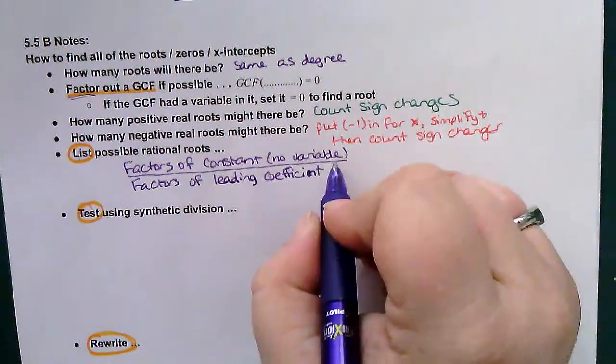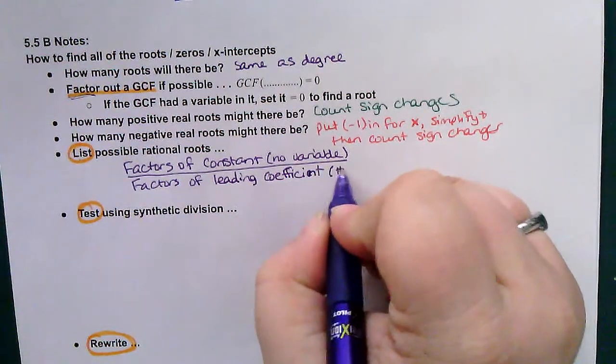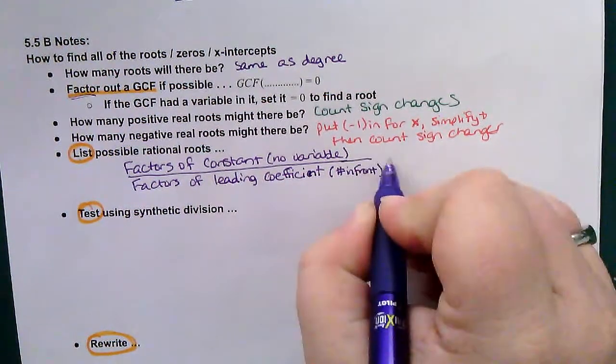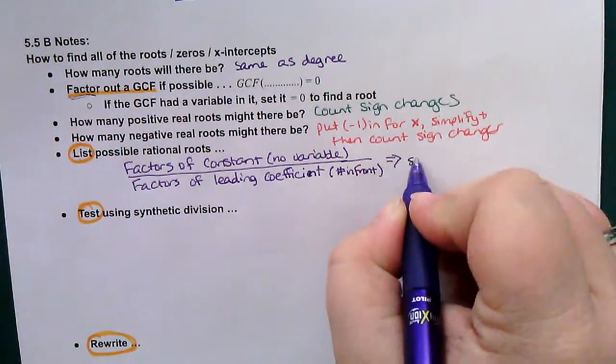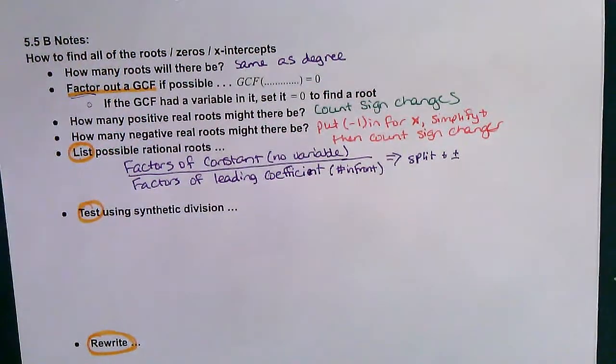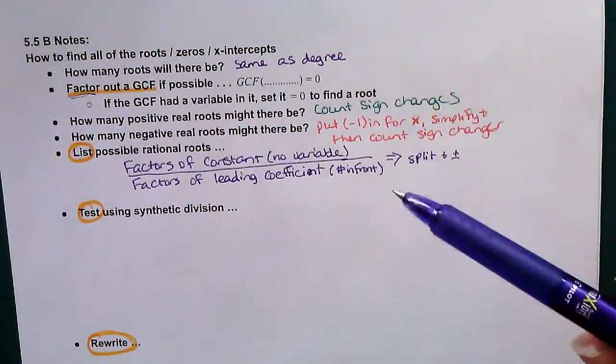And if this is in standard form, that's the number in front, the number in front of all of the x's and stuff. And then remember, we split the list and plus minus everything. Okay, so that is all stuff we did previously.